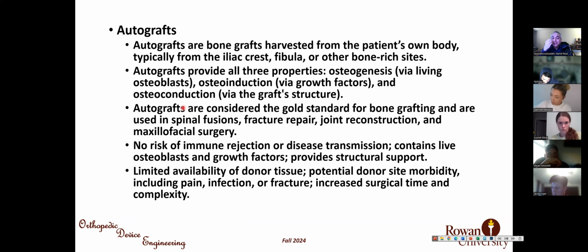But they have two problems. First, you must take them from another site in the patient's body. For example, I have a surgery on my forearm and I need bone graft for my forearm here. You cannot take the graft from the above or below bones.